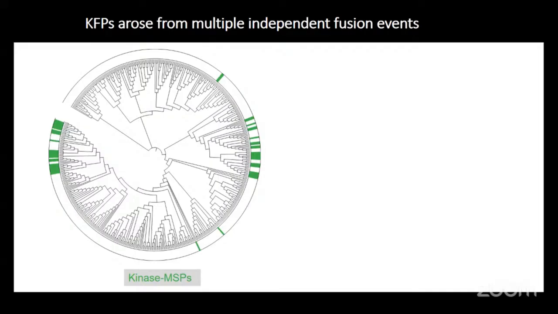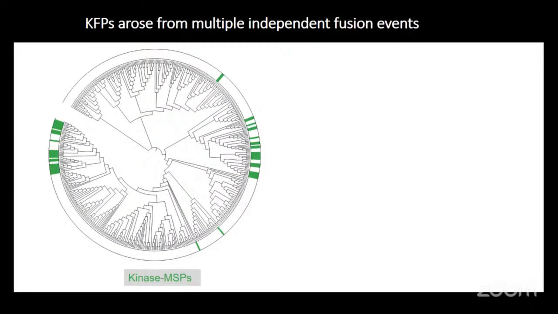So here we've highlighted in green the kinases that are fused to motile sperm proteins, MSPs. This phylogeny is based on the extended beta finger. And you can see two very distinct clades, suggesting that possibly MSPs were recruited independently at least 2 times during the evolution of wheat.